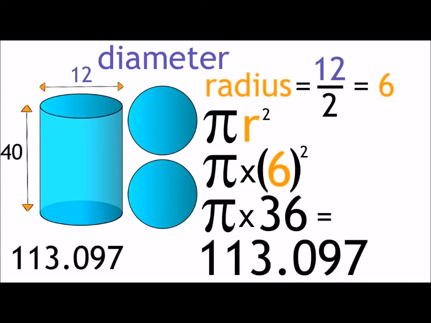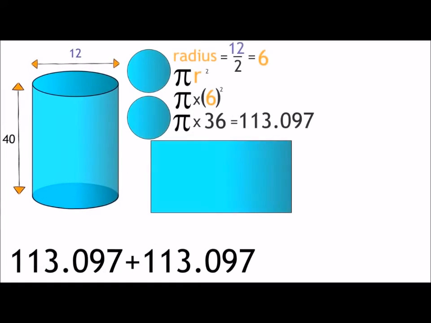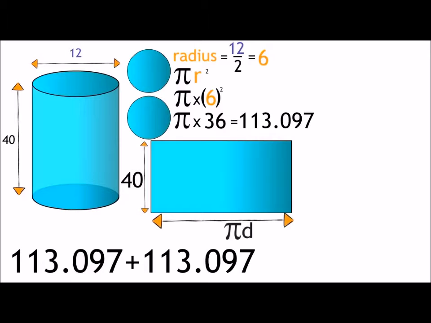And then there's two of those, because that's here and here from the top and the bottom. So I want two of those. So at the bottom we've got 113.097. And then I need the rectangle bit. So the height's the same, so that's 40. Remember this length here is pi d, so that's 12 times pi.